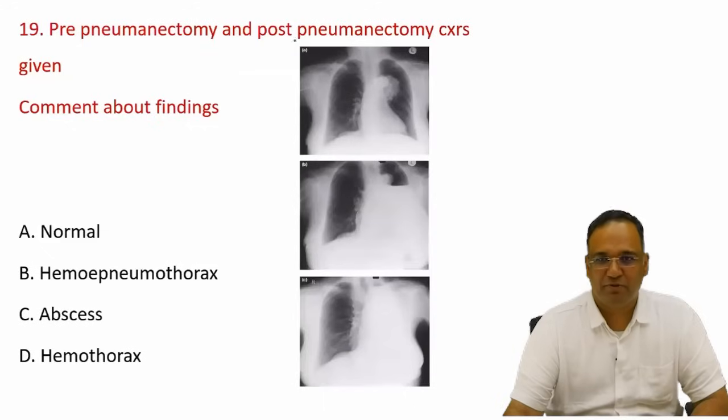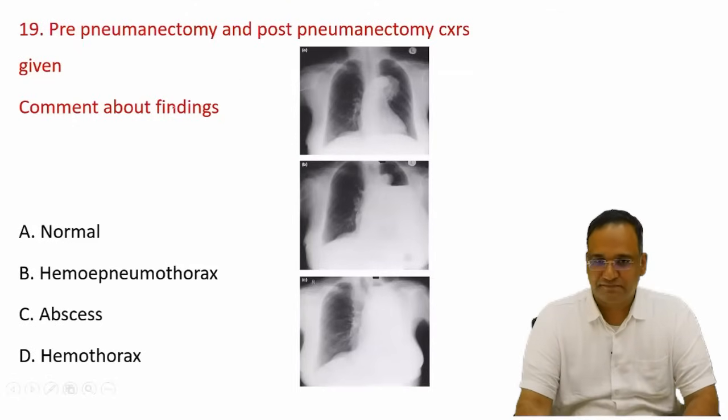So, pre-pneumonectomy and post-pneumonectomy X-rays are shown. Comment on this. Again, this is from Bailey only. There is a pre-pneumonectomy and post-pneumonectomy picture. It very clearly shows a hemothorax. This is classically a hemothorax, and this picture shows hemopneumothorax, there is air on top.